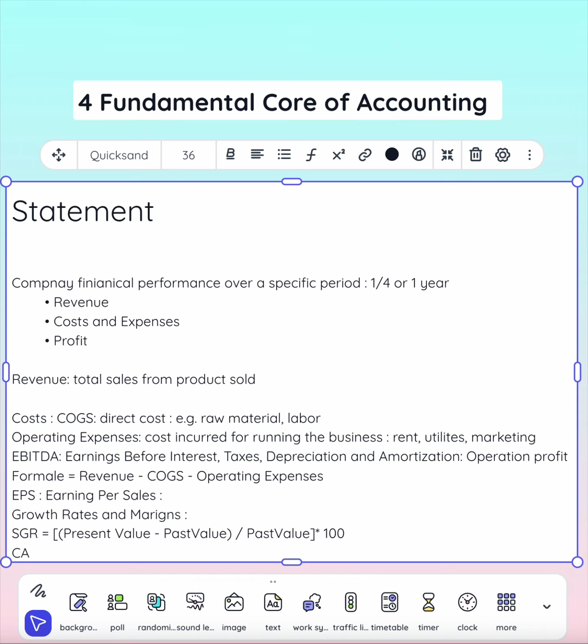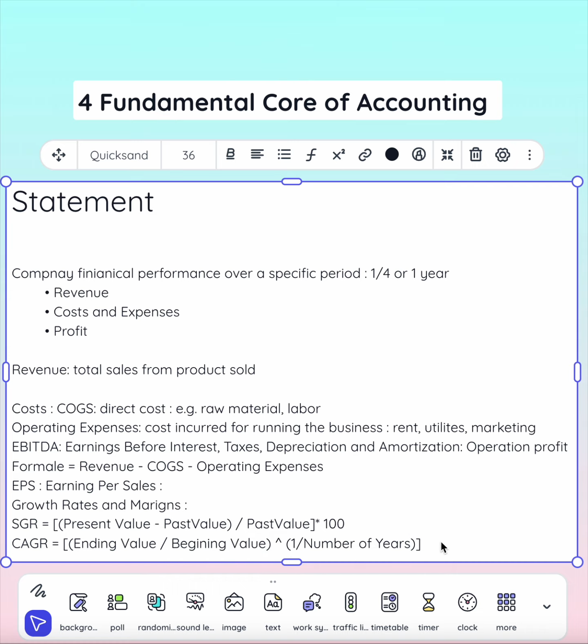Then you have the compound annual growth rate, whose formula is: ending value divided by beginning value, to the power of 1 over the number of years, minus 1.